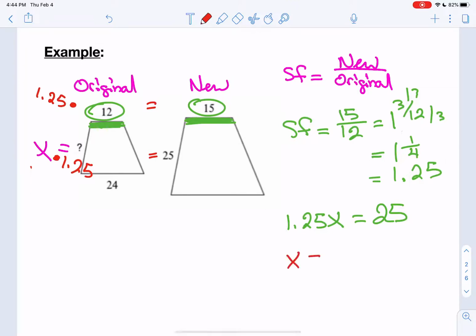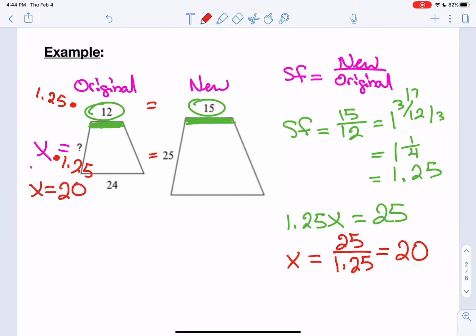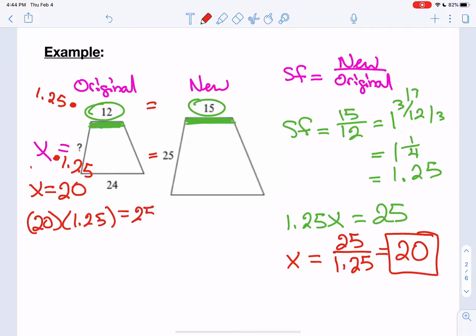So we don't know what x is, so we can't multiply it with 1.25, but we can go backwards and get x by taking the 25, the answer, and dividing it by 1.25. And 25 divided by 1.25 equals 20. So that means x equals 20. Now, we can always check our answer by seeing does it work. Is 20 times 1.25 equal to 25?